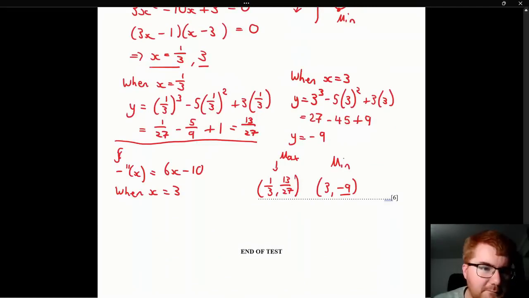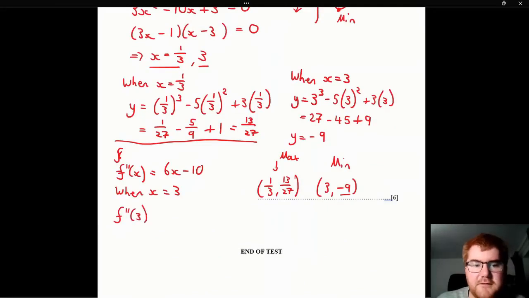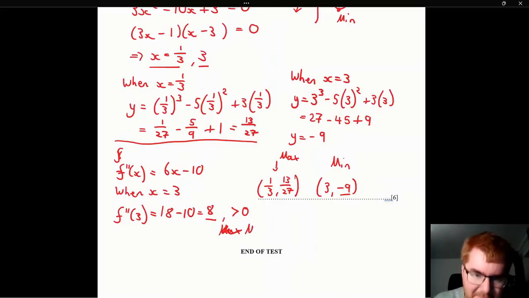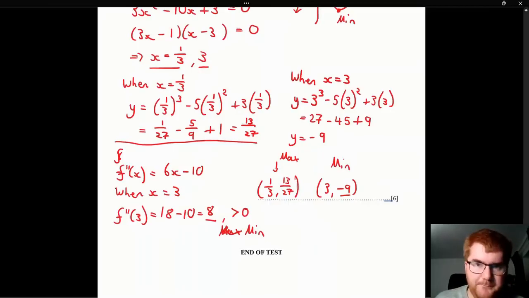So when x is equal to 3, if I put this in the double derivative, we get 18 minus 10, which is 8. And because this is greater than 0, it must be a minimum. And if you put in a third, that'll be less than 0, and therefore it will be a maximum point.